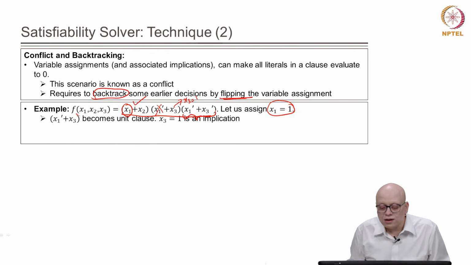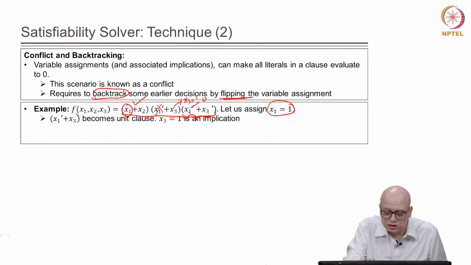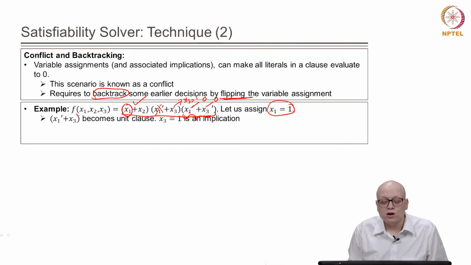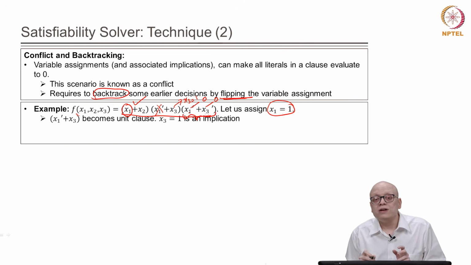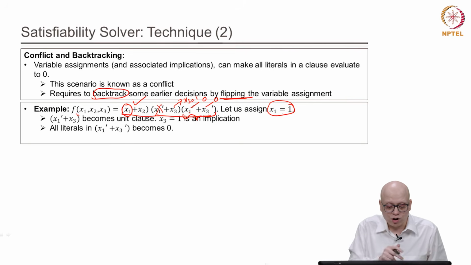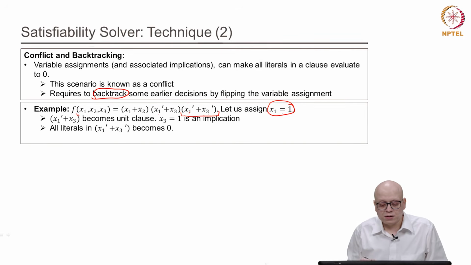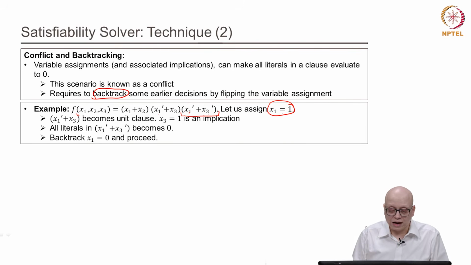For this clause, we have assigned x1 is equal to 1, so this takes a value 0, and we have also assigned x3 is equal to 1, so this also takes value 0. So, for this clause we have now got a conflict. All literals in this clause now become 0, and that means that we have now got a conflict and we need to backtrack.